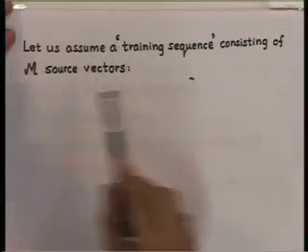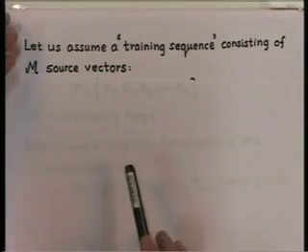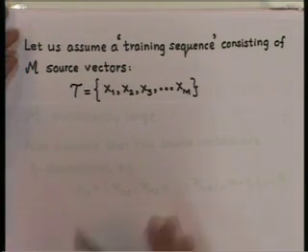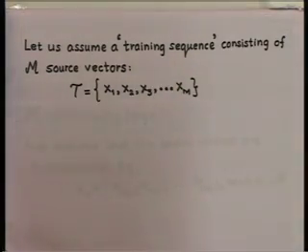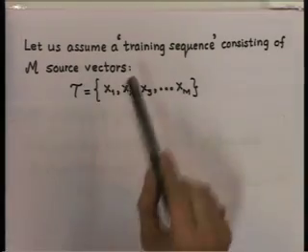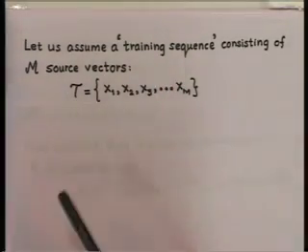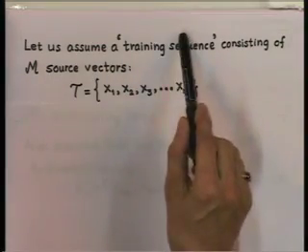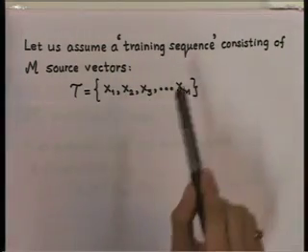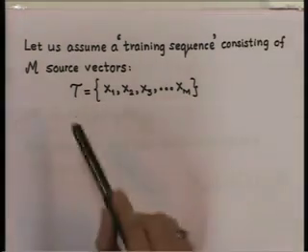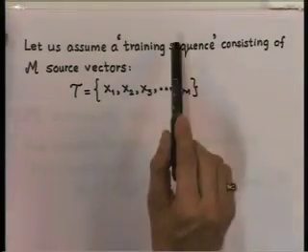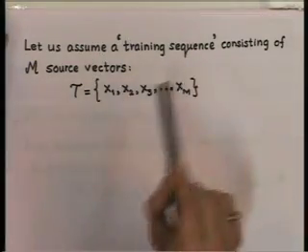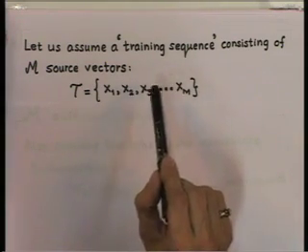So, let us assume a training sequence consisting of M source vectors as follows. Now, this training sequence can be obtained from some large database. For example, if the source is a speech signal, then the training sequence can be obtained by recording several long telephone conversations.